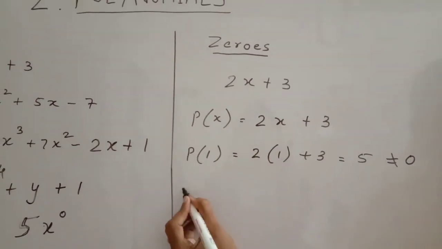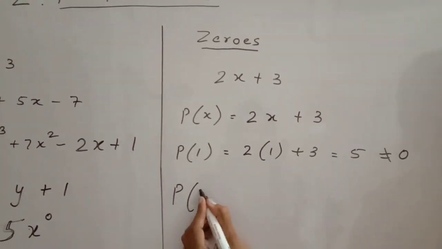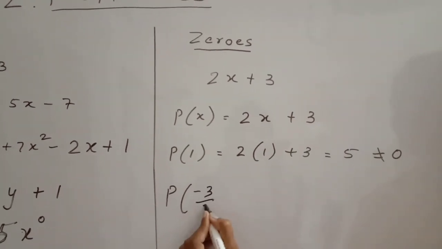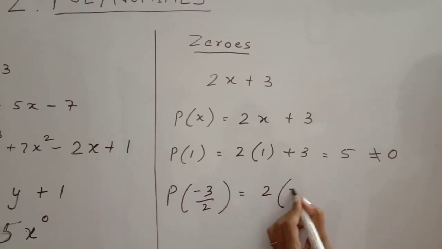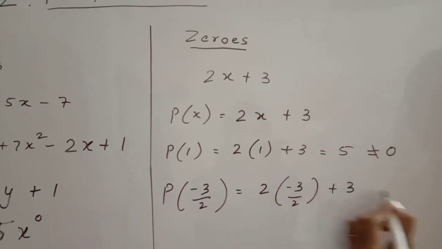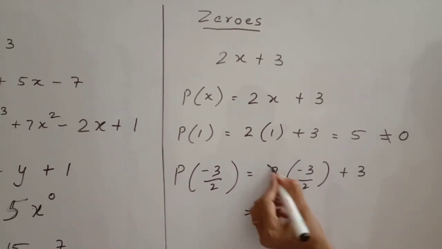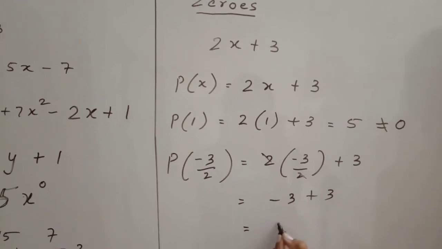Now, what should I keep in place of x so that I get answer 0? So, if I put minus 3 by 2, what am I getting? In place of x, I will put minus 3 by 2: 2 times minus 3 by 2 plus 3. So, 2 gets cancelled, minus 3 plus 3. So, I am getting 0.